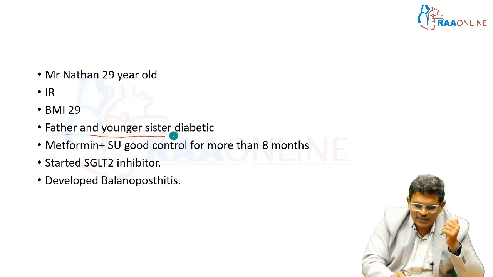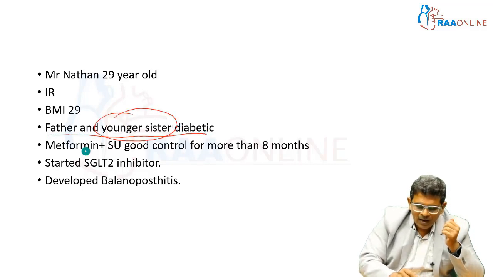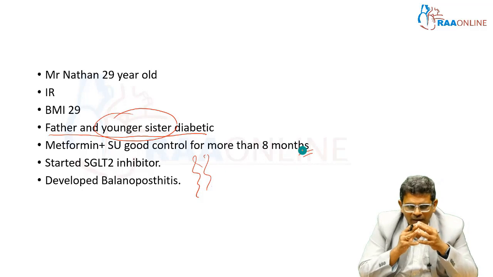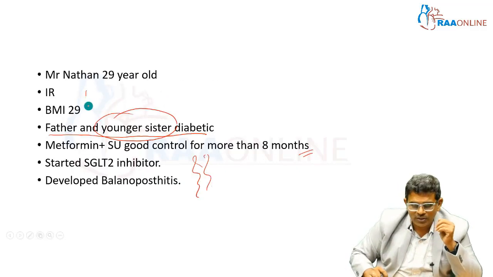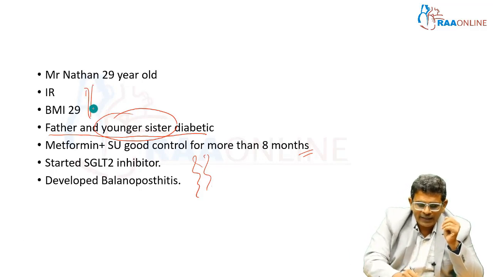The hitch over here is that not just his father, his younger sister is also diabetic. At the same time, his control was not good. Even with these medications, for a short period of time only, he was doing well. But at the same time, he was presenting with insulin resistance.